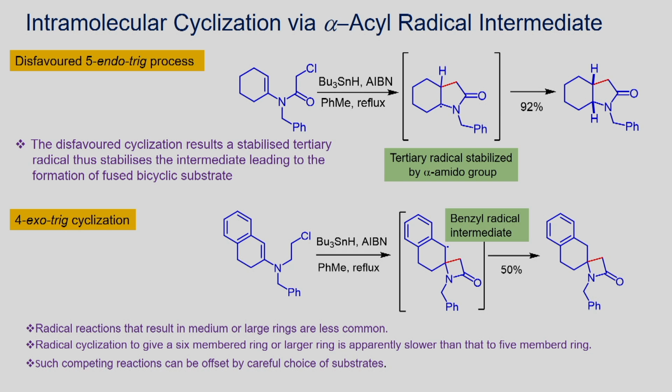Now let us look at another example. This also involves intramolecular cyclization. You have the carbon-halogen bond as we have just seen, and if you have the tributyl tin radical, that radical can be generated from tributyl tin hydride and AIBN, which can readily react with the carbon-halogen bond to form a radical.